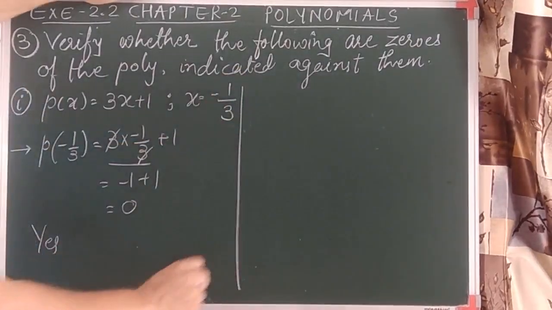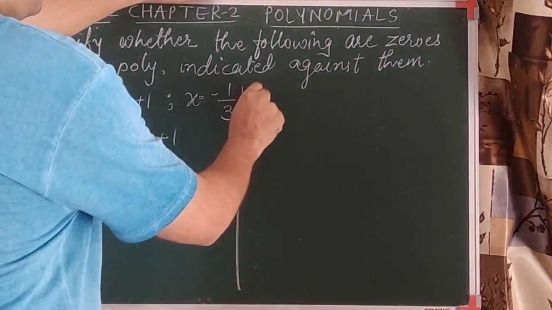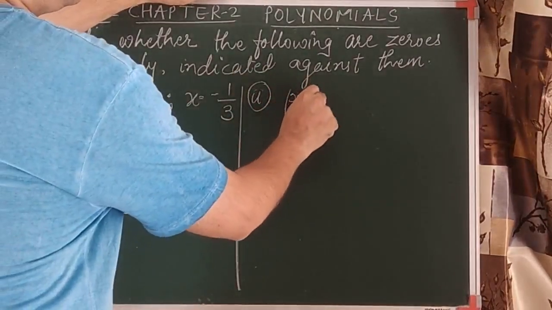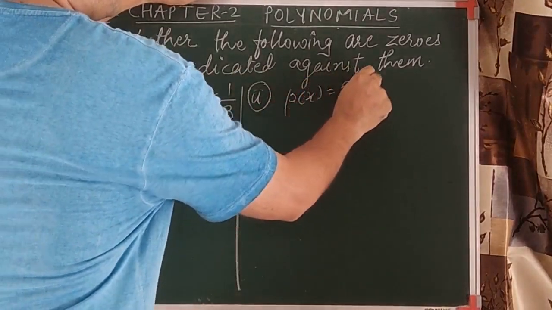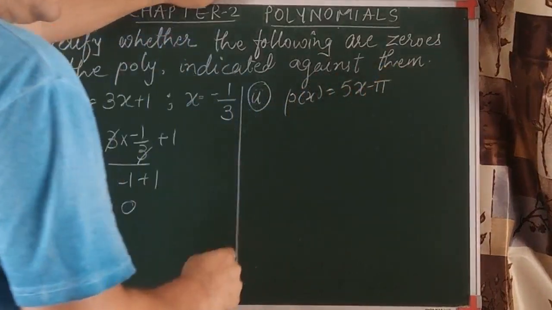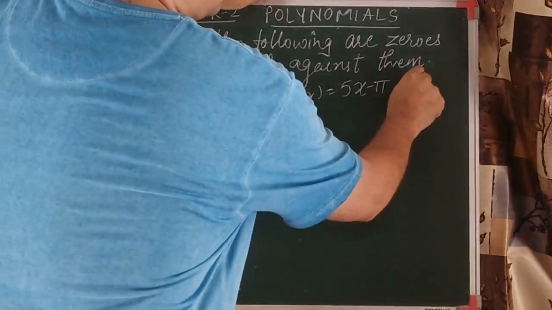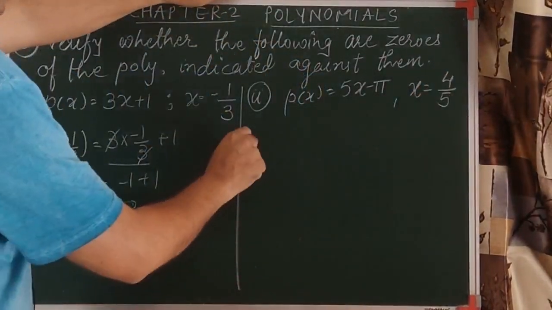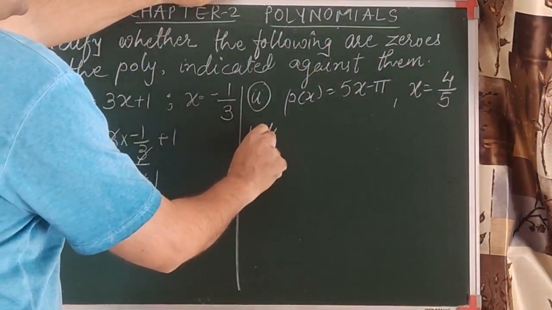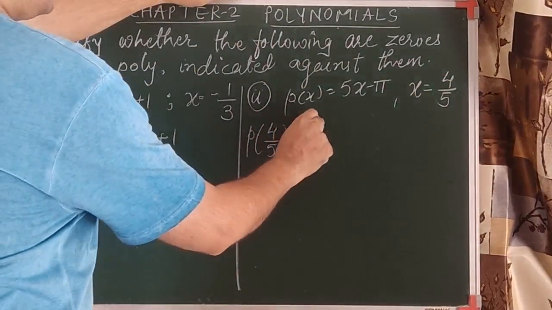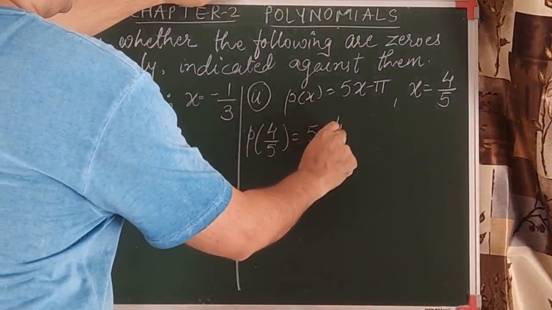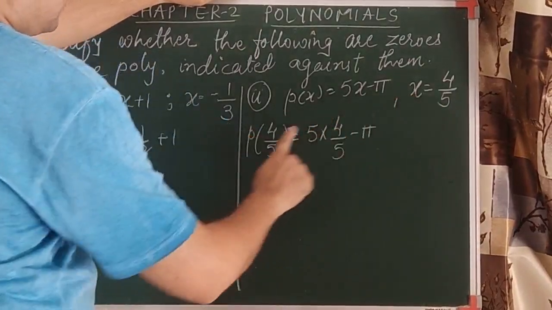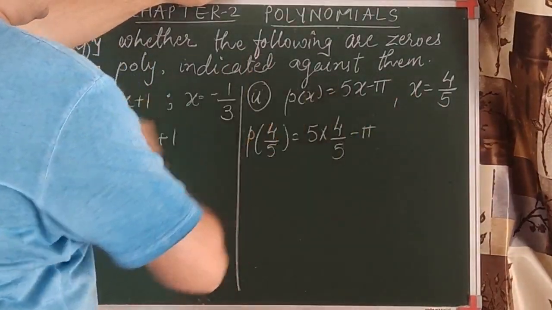Let us see one more question to identify the same. Here in the second question, the polynomial given is 5x minus pi. We know pi is an irrational number. And the value of x is 4 upon 5. So let us substitute the value of x as 4 upon 5 into the given polynomial. 5 into 4 upon 5 minus pi.